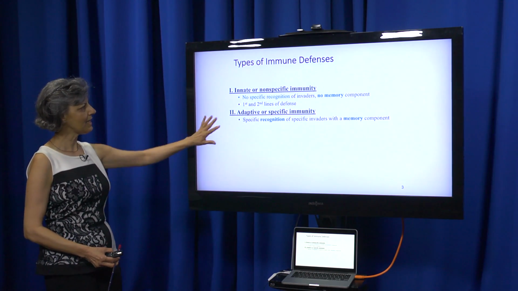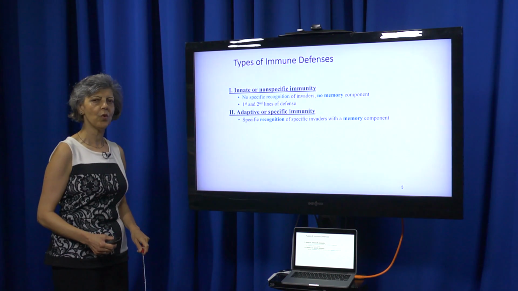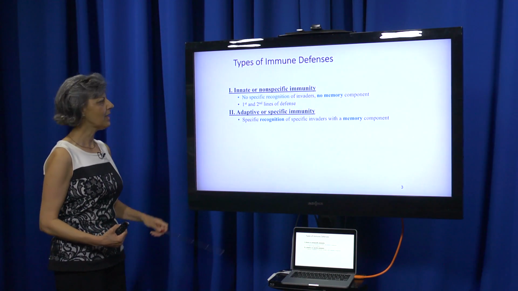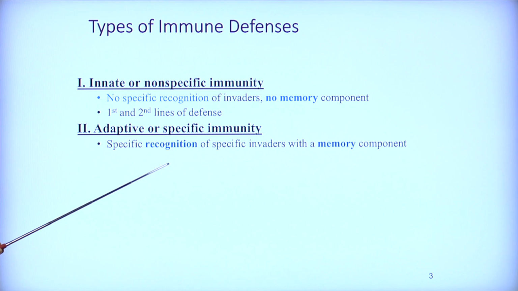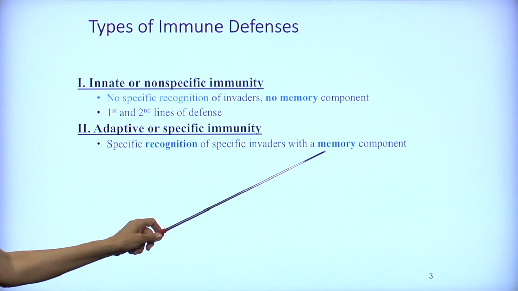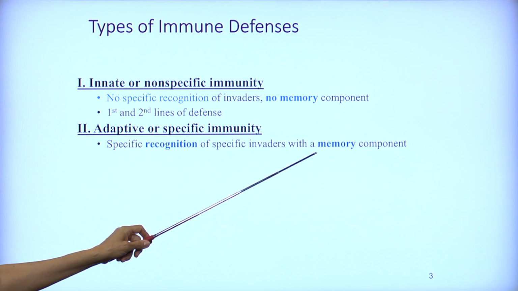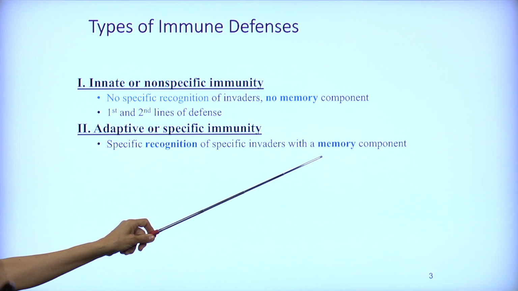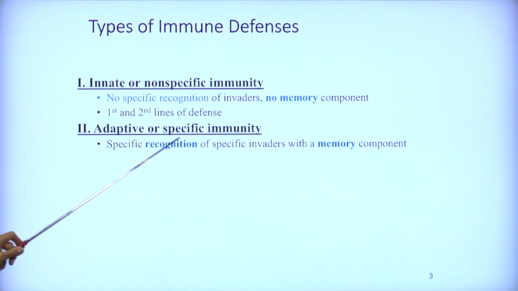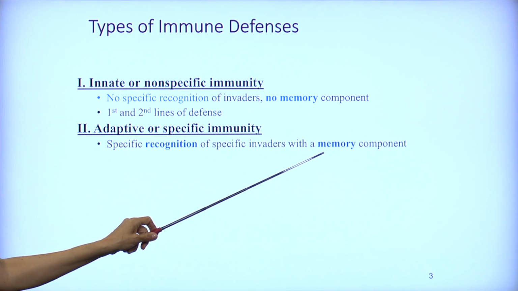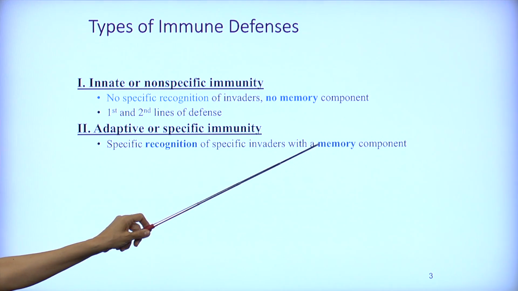So while my innate immunity does not know what is invading my body, the adaptive or specific immunity has the ability of recognizing the specific antigen, and we will learn how this happens briefly. The second thing, it has the ability of keeping this invader in memory so that when there is a second attack by the same antigen, the adaptive immune response is going to be faster and more efficient.